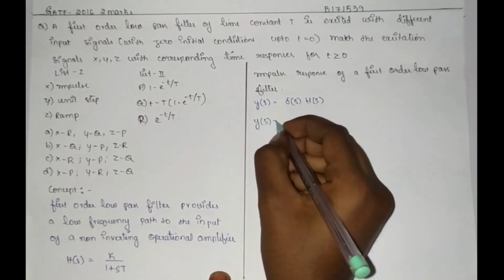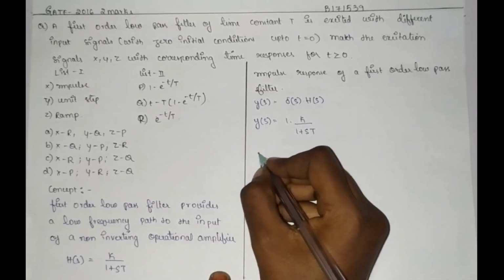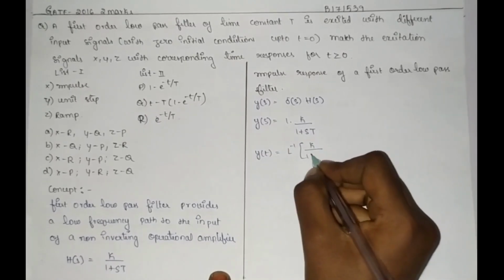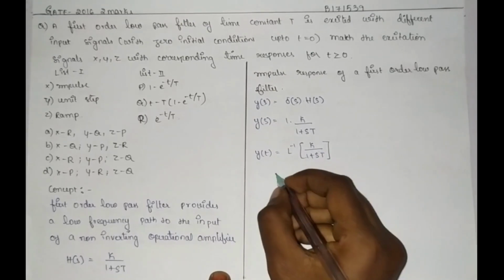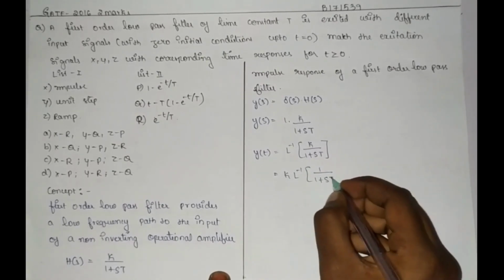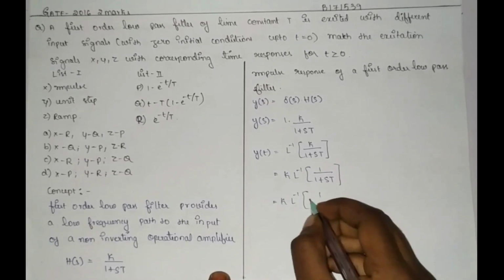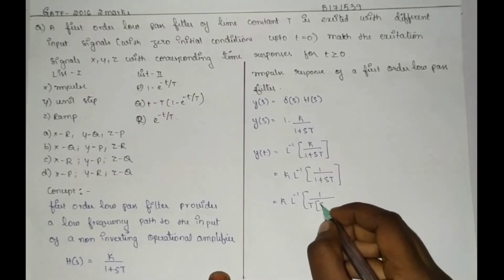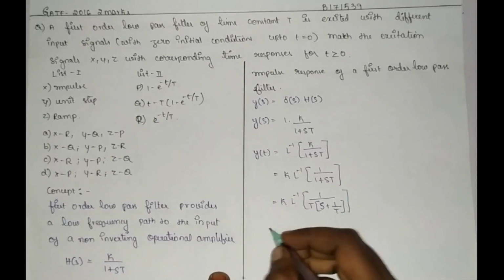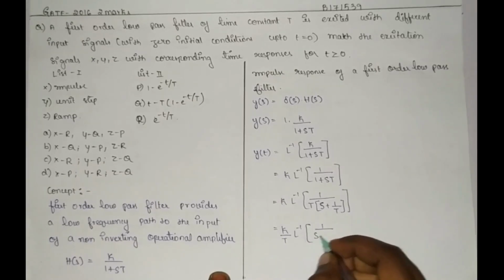Therefore, Y of s is equal to 1 into k by 1 plus st. So, y of t is equal to L inverse of k by 1 plus st, which is equal to k into L inverse of 1 by 1 plus st, which is equal to k into L inverse of 1 by, if we take t common, s plus 1 by t, which is equal to k by t into L inverse of 1 by s plus 1 by t.